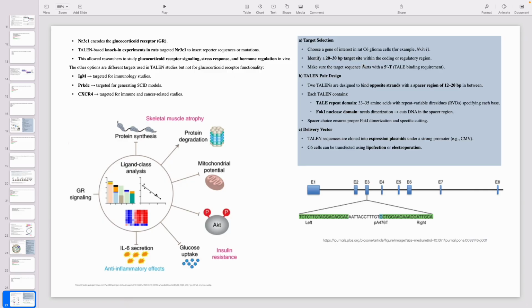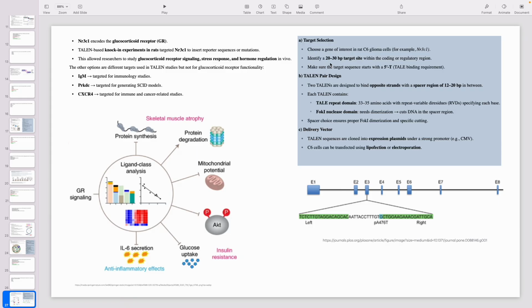So again, the process is similar to what we have seen with the mitochondrial DNA as well. First the target region has to be determined. So this is the NR3C1 gene, and at exon 3 the target site was decided, where they mutated this G. Once they decided the target site, they chose a gene of interest in a rat C6 glioma cell.